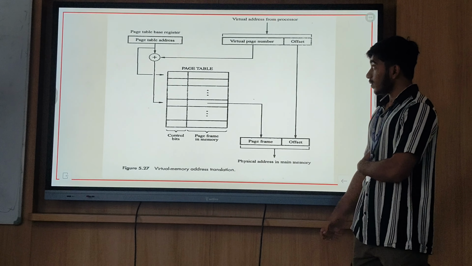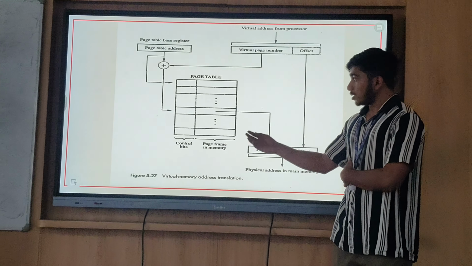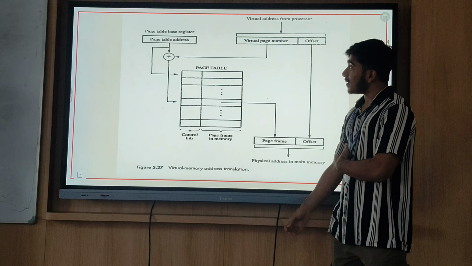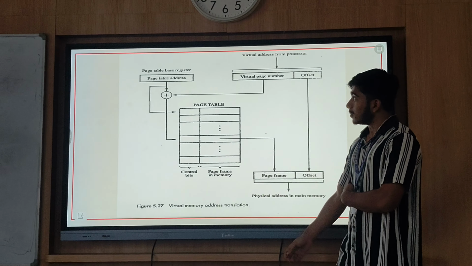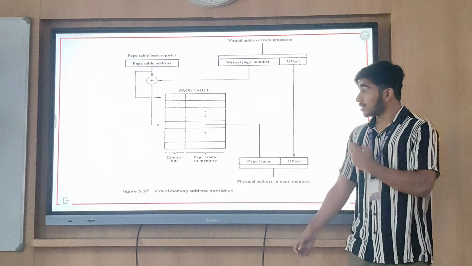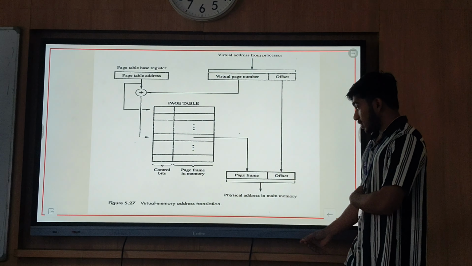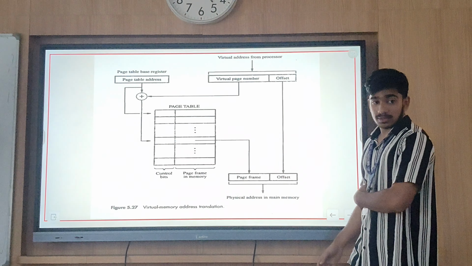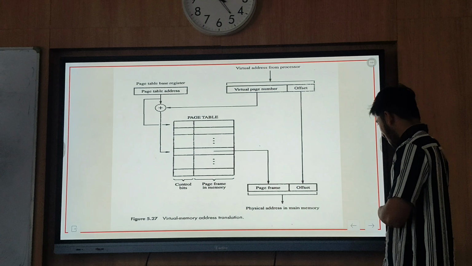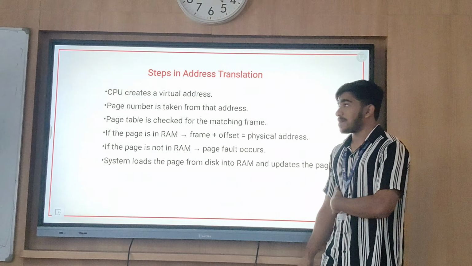The offset comes from the virtual address from the processor, and together they give the physical address in the main memory.